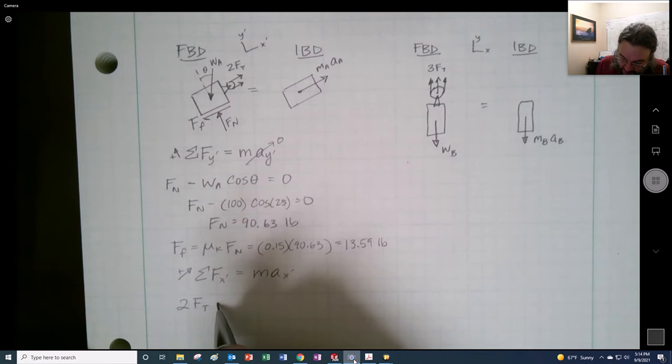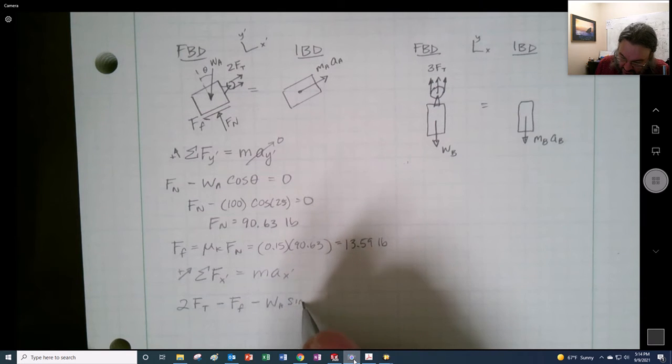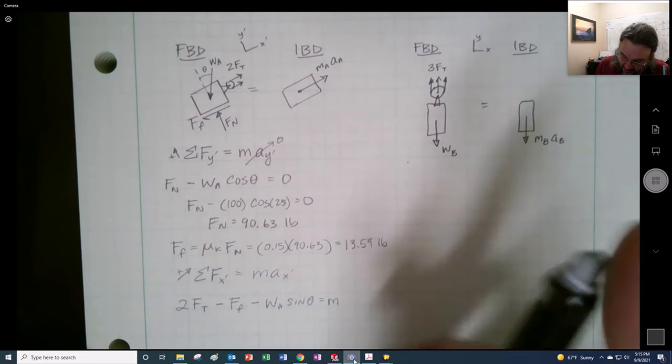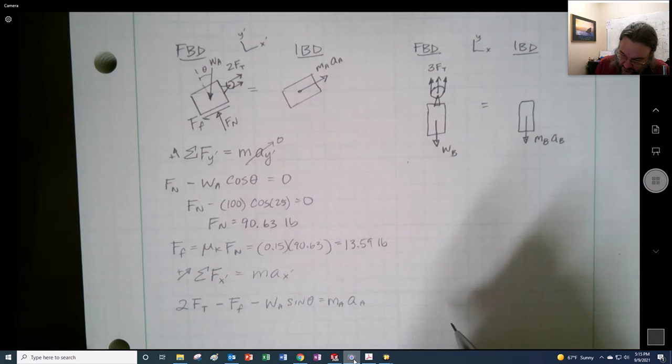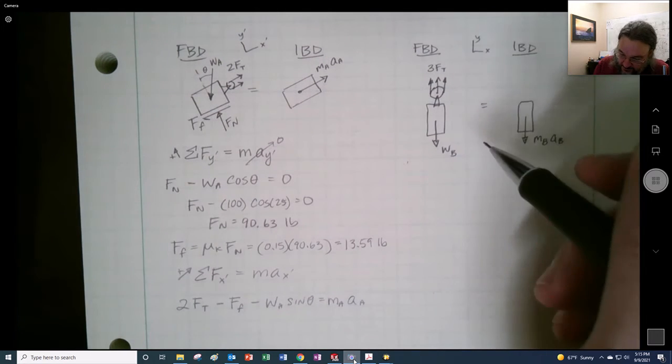And then we're going to minus the friction. And then we're going to have minus WA times the sine of theta. It's going to be equal to mass of A times the acceleration of A. We'll come back to that in a second.